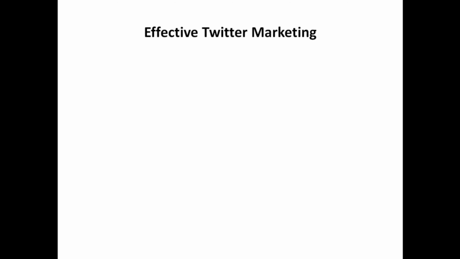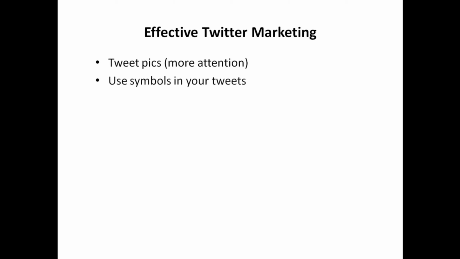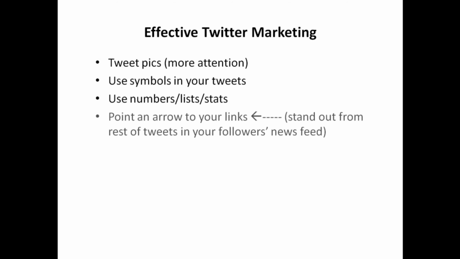Effective Twitter marketing. You can use pictures in your tweets. They grab the attention of fellow Twitterers. Use symbols in your tweets, whatever you can use to make your tweets stand out. Use numbers, lists, and statistics. Point an arrow to your links. It will help your tweets to stand out when your followers are looking at their newsfeed.